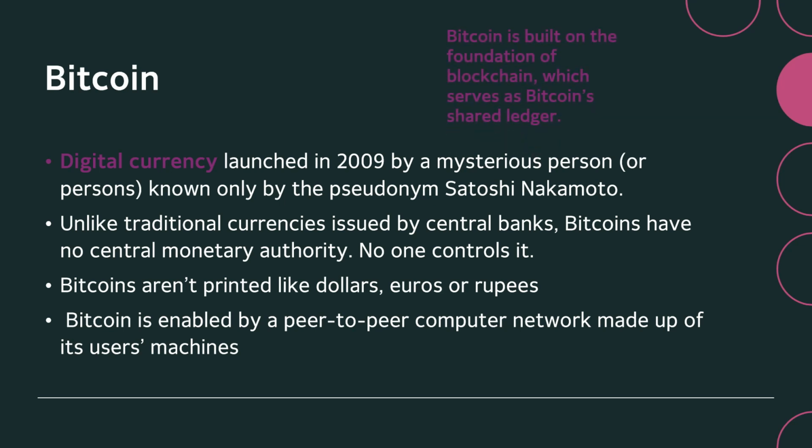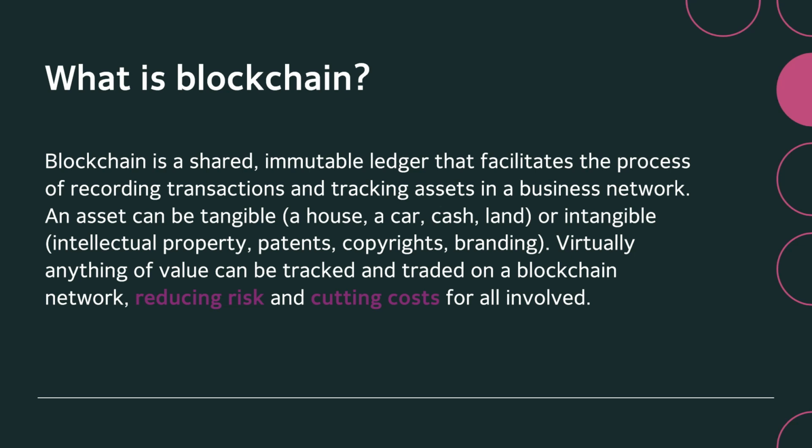It is built on the foundation of blockchain, which serves as Bitcoin's shared ledger. Blockchain is just like a ledger which keeps account of what transactions are happening. So now, what is blockchain? Think of it as a shared immutable ledger that facilitates the process of recording transactions and tracking assets in any business network.